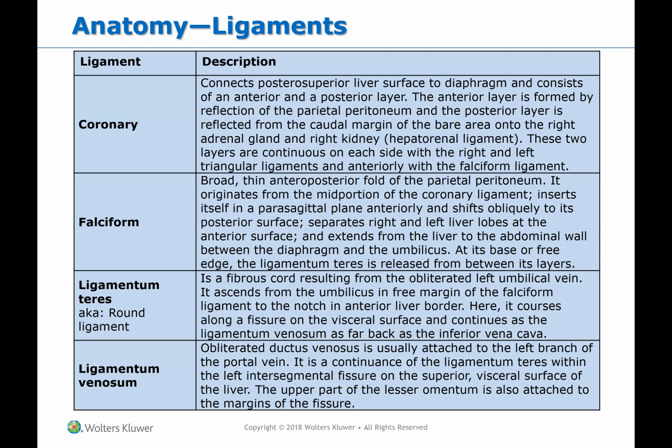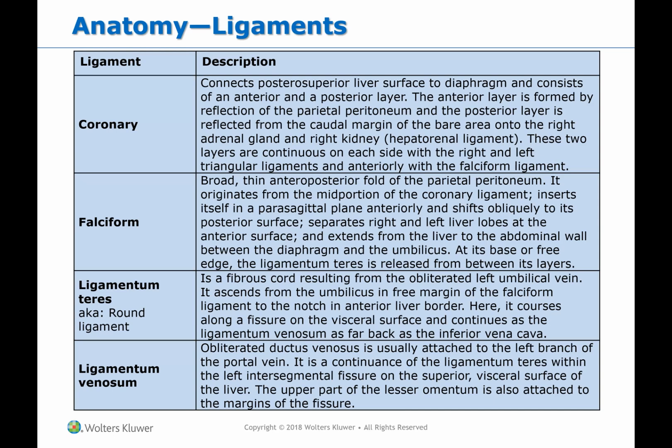The coronary ligament connects the posterior superior liver surface to the diaphragm. The falciform ligament is a broad, thin anterior posterior fold of the parietal peritoneum. It originates from the mid portion of the coronary ligament and inserts in the parasagittal plane anteriorly and shifts obliquely to its posterior surface.